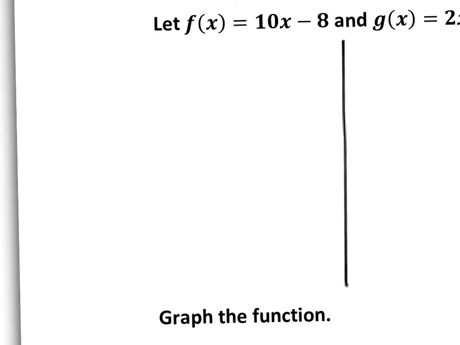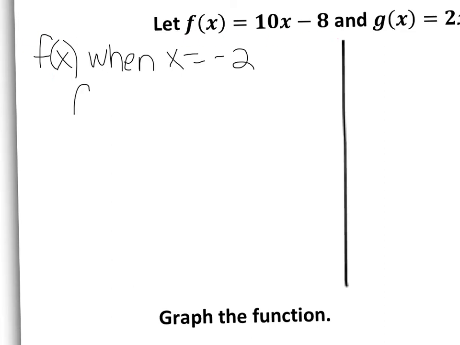Okay, I want to find f of x. So I want to find the value of function f at x when x equals negative 2. Now, notice, since I'm talking about function f, I'm going to look at this first one here. And I know that f of x is equal to 10x minus 8.